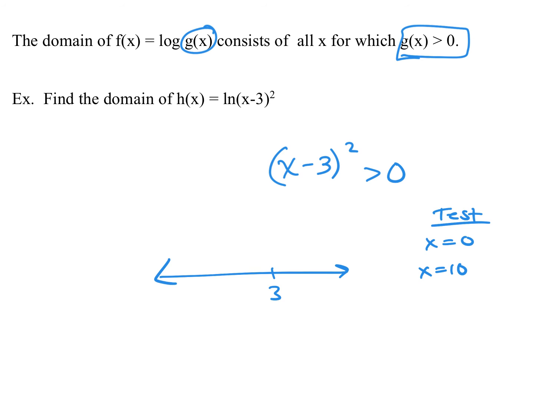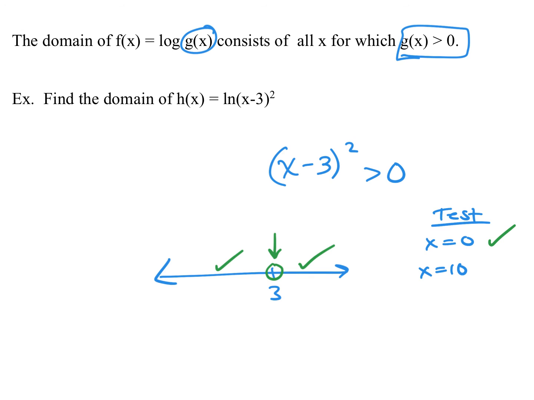Well, if I were to plug those values in, 0 in for x, I'd get negative 3 squared. That is positive. So this area here would be effective. And if I were to plug in 10, I'd get 10 minus 3 squared. That's also positive. This area would be effective. The only issue I'd have with my domain is exactly at 3.